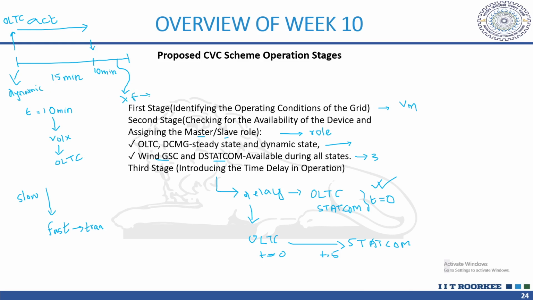Because you have depleted your dynamic resources, and the slow acting devices cannot improve the voltage suddenly. So for that reason, we are starting with the slowest one, and gradually we will save the dynamic resources of the fast acting ones till they are required in the transient periods.